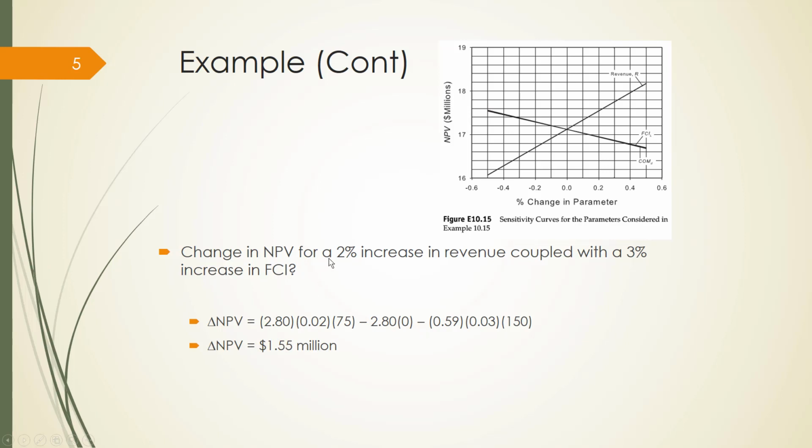And for this, when I do a 2% increase in revenue, along with a 3% increase in fixed capital investment, what we find is that the net present value change would be $1.5 million. So it would increase by $1.5 million. So I had a large increase in fixed capital investment, a smaller increase in revenue, yet the net present value overall went up. So this is an example of how to use sensitivity analysis.